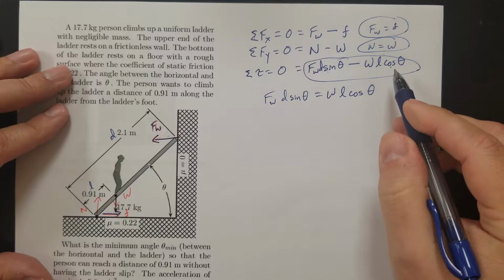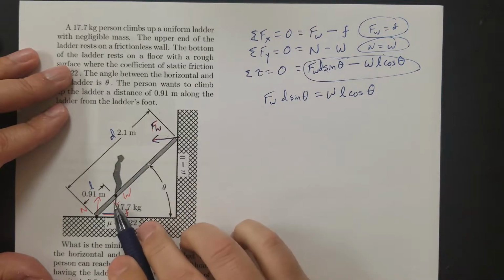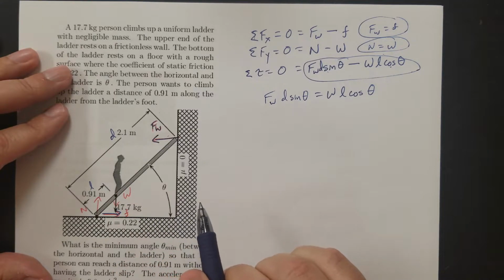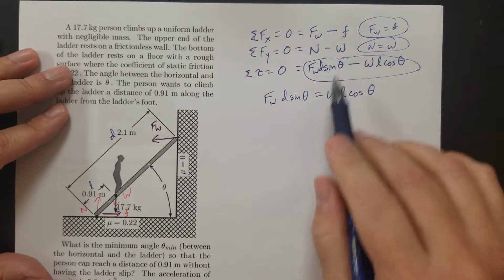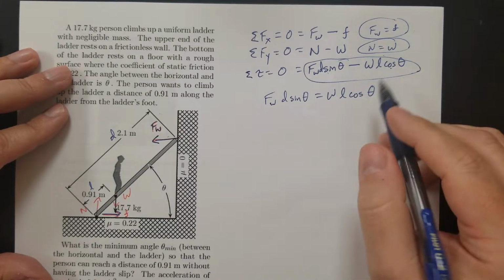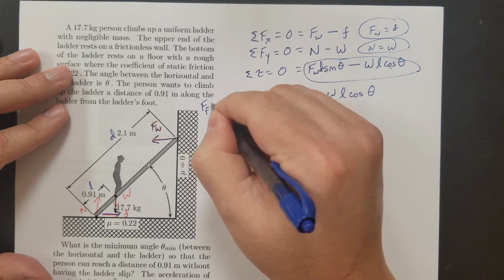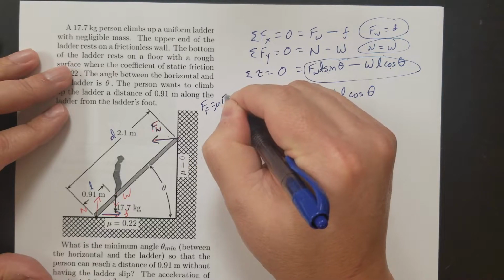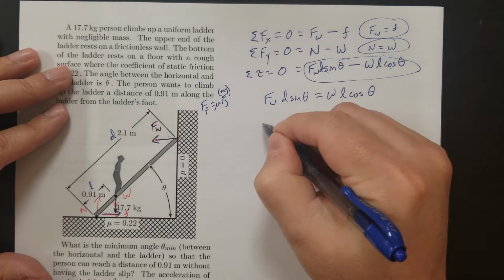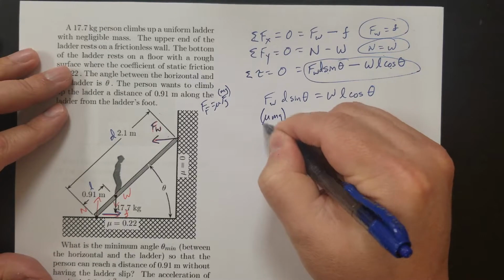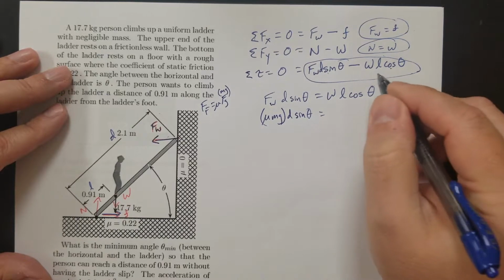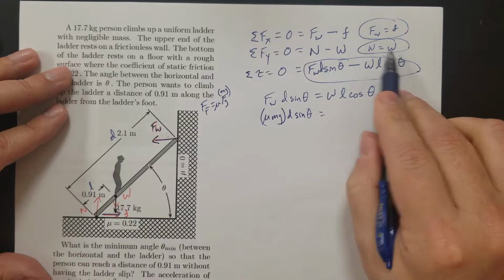Okay. So now the weight, right? The weight, I'm going to put in mg times d, right? So that's F. I know that frictional force is equal to the weight, and friction is mu mg, right? So frictional force is mu times normal force, so that's mu times Fg, so that's mu times mg. So mu mg times d sine theta equals W, which is equal to normal force, right?